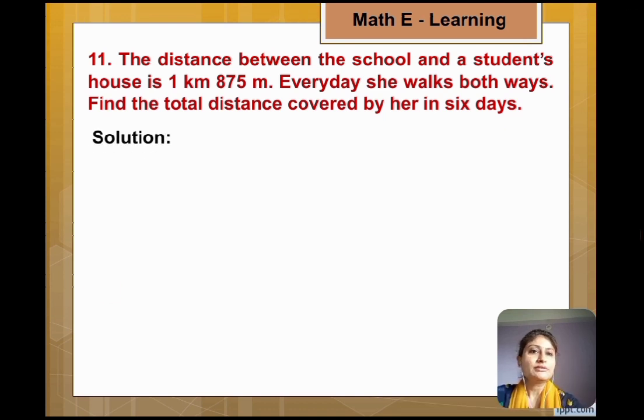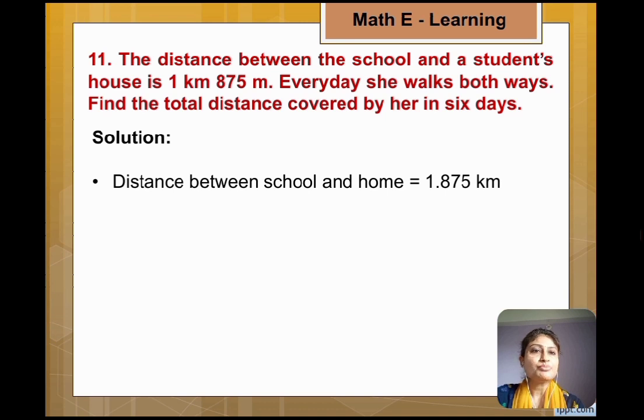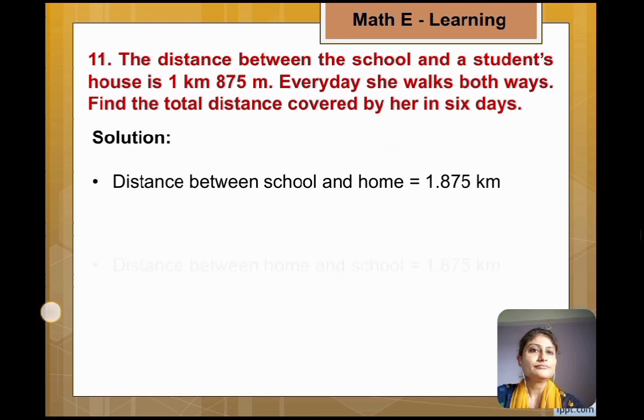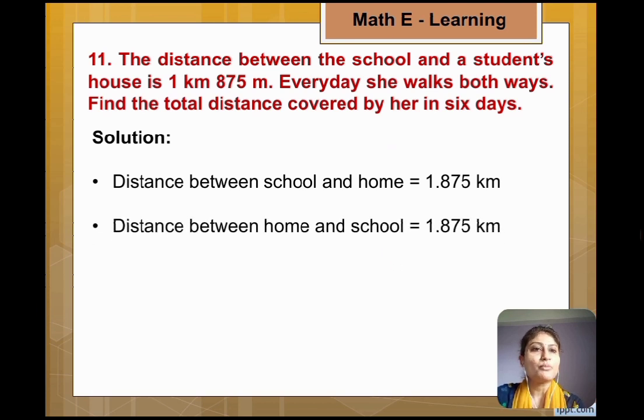Now how to write? Distance between school and home is equal to 1.875 kilometer. See, now we have written this 1 kilometer 875 meter as kilometer, and for that we used a decimal point. Distance between home and school is equal to 1.875 kilometer.